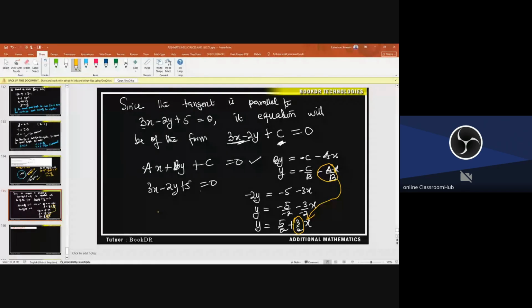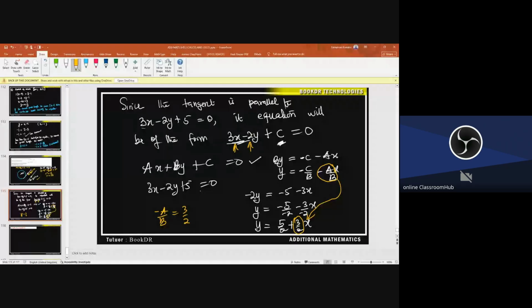So if I have something like this, minus a over b is equal to 3 over 2, in mathematics, the only way these fractions can be equal in their simplest form is when a is equal to 3, the top is equal to top, and down is equal to down. So you see, at the end of the day, our tangent will still have these values as the coefficients of x and y. What will differ is the c.